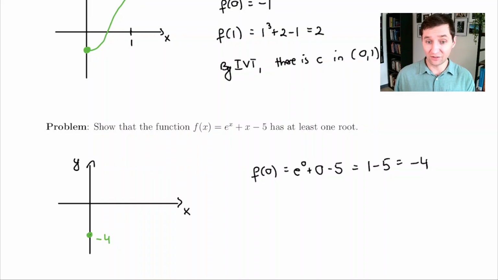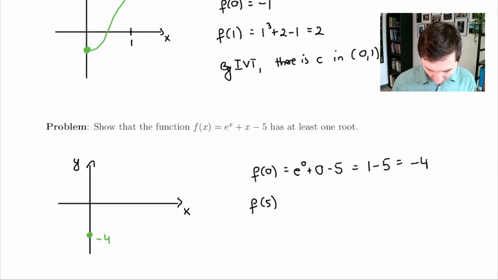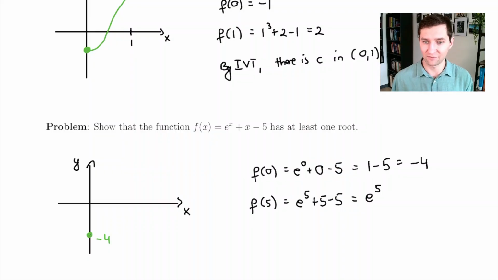I need to find a different x now for which the value of this function will be positive. I think a good x to try would be 5, because then 5 minus 5 would disappear and I would get 0. So I get f of 5 equals e to the 5th power plus 5 minus 5, which gives me e to the 5th power. E is a positive number, it's roughly 2.7, so raising it to the 5th power gives me a positive number.